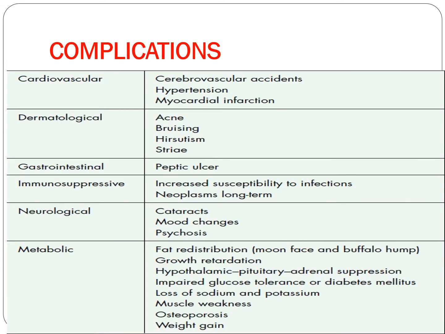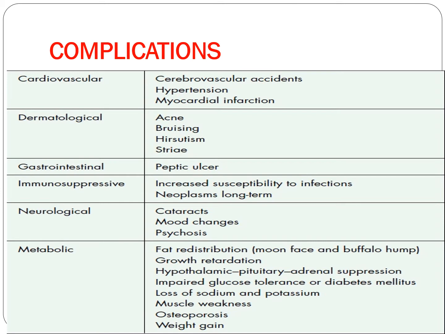So what are the main complications we can see if you are going for the corticosteroid? Cardiovascular, that is cerebrovascular accidents, hypertension and myocardial infarction. Dermatology, we can notice acne, bruising, striae. Gastrointestinal like ulcer, immunosuppression like increased susceptibility to infection, a high chance of infection in a person on it for a long time.